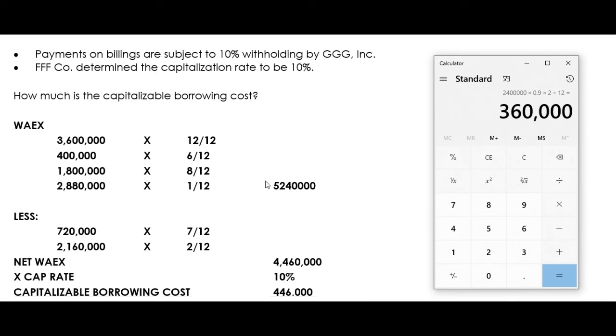Okay? So dun sa dito. Kaya ang lalabas dyan, pag binawas mo, 5,240. Tapos tanggalin mo yung dalawang to, 4,460 lalabas.